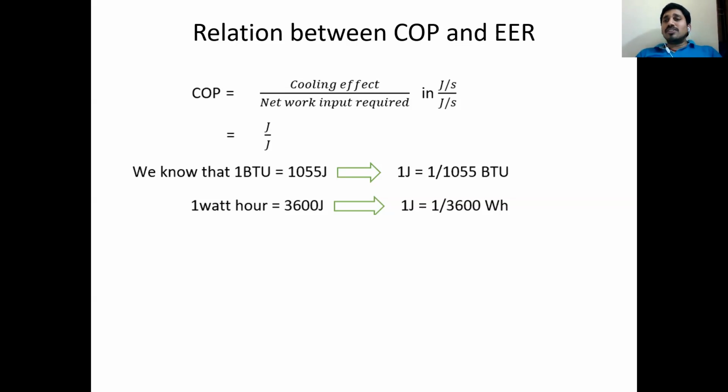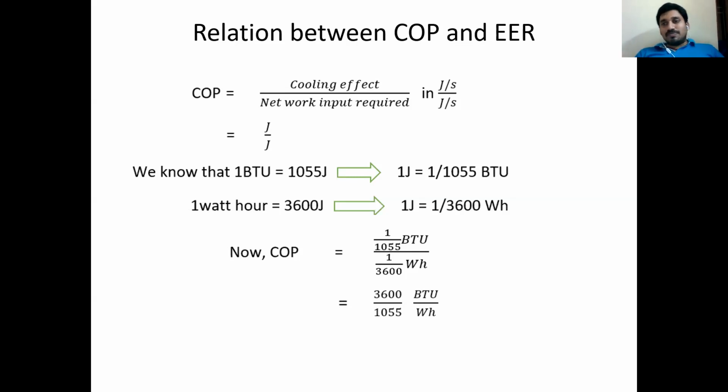These two quantities are going to be substituted in the COP equation. For the numerator, I write in terms of BTU, so one joule is converted to 1 by 1055 BTU. For the denominator, joule is converted into watt hour, 1 by 3600 watt hour. So now that value comes like this: 3600 by 1055 BTU per watt hour.